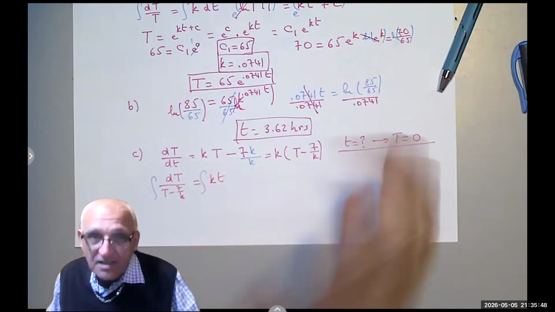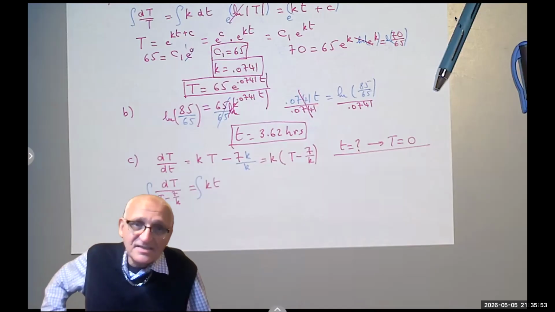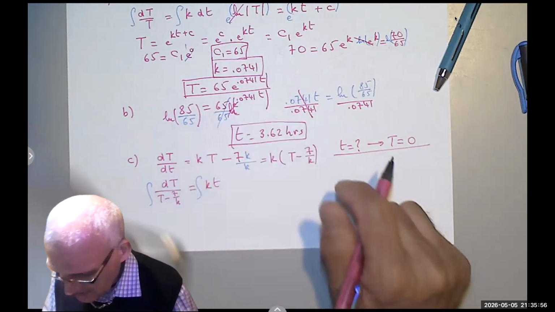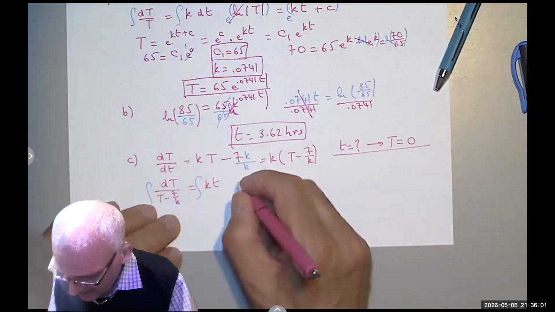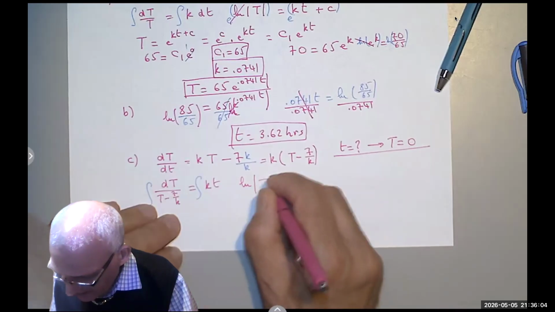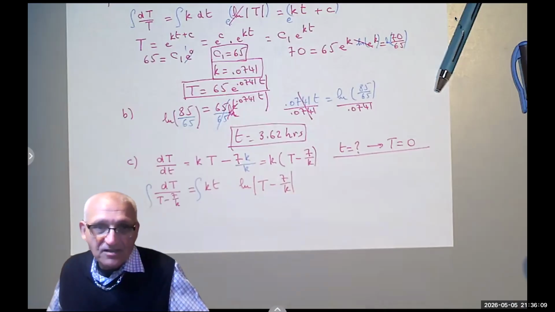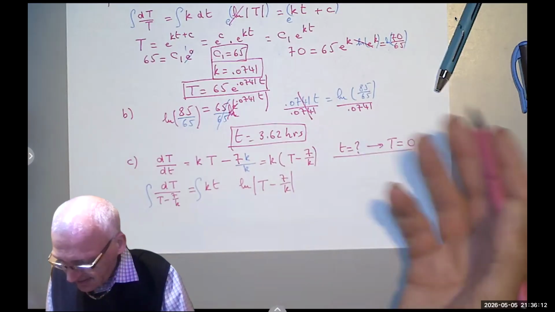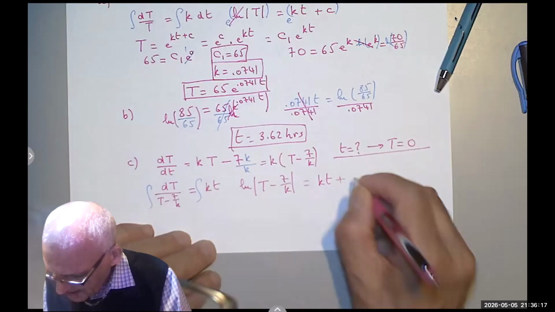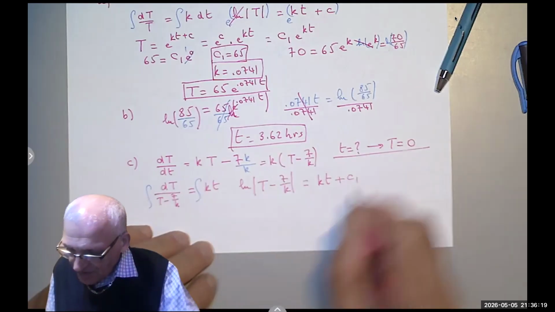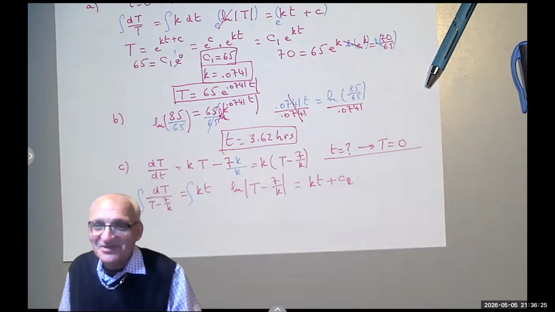I know the k, so I'm not going to write 0.0741 many times, I leave it as k, but I will evaluate it as 0.0741, which we already found. Okay, so the left-hand side, it's the natural log of T minus 7 over k, right? 7 over k is a constant, so when you integrate, you get that. Equals kt plus a new constant, so I'm going to call it, notice this was capital C1, this is a lower, well, call it C2, so it's not the same constant.